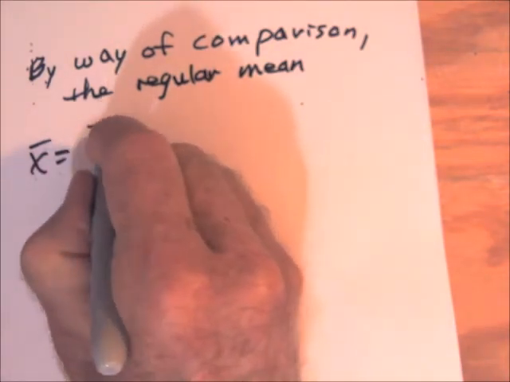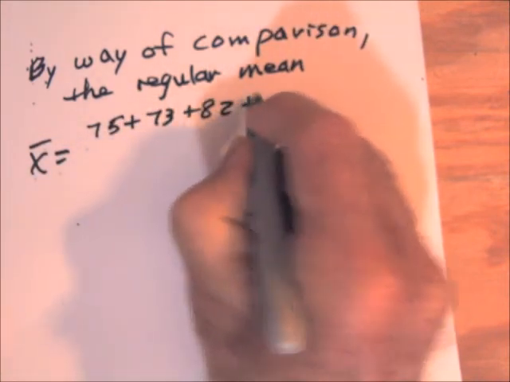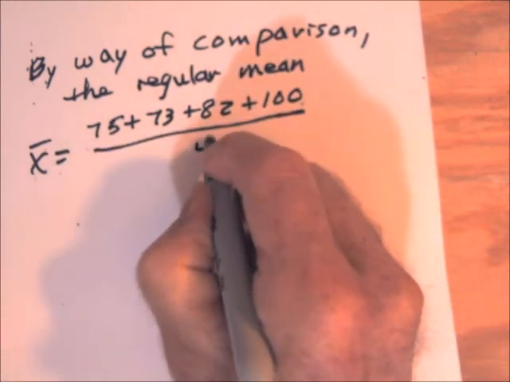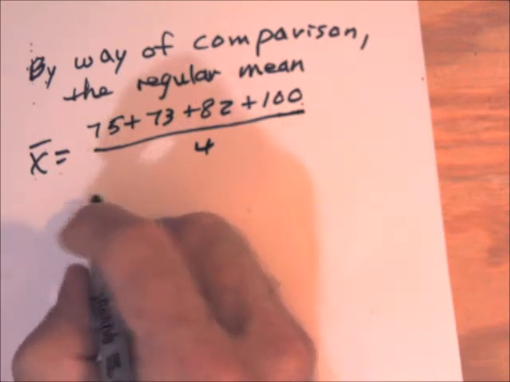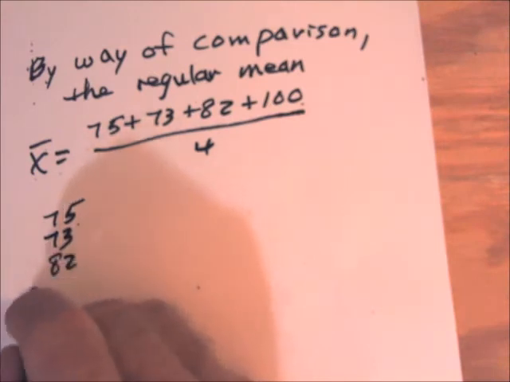So it's 75 plus 73 plus 82 plus 100 divided by 4. So if we add these up, 75, 73, 82, 100.